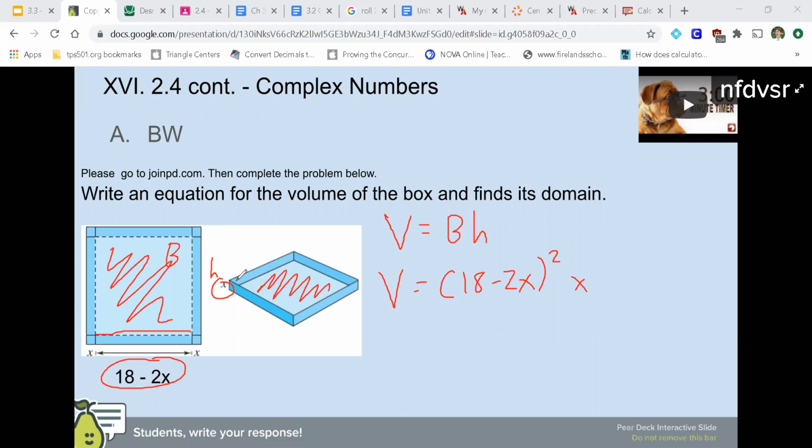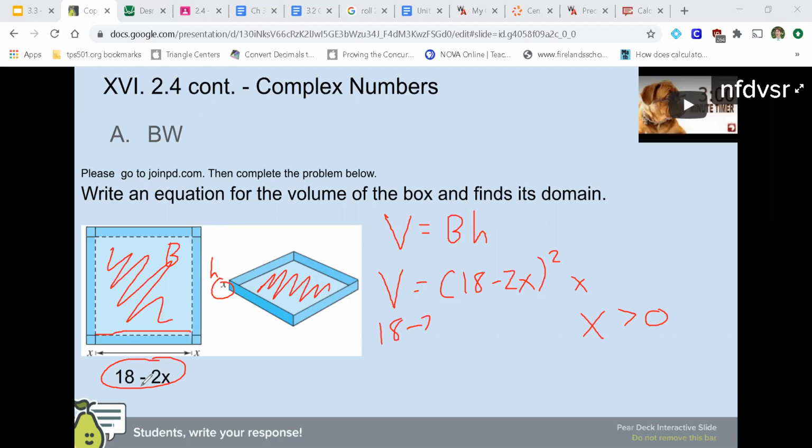So we know that the height, which is just x, has to be greater than 0.